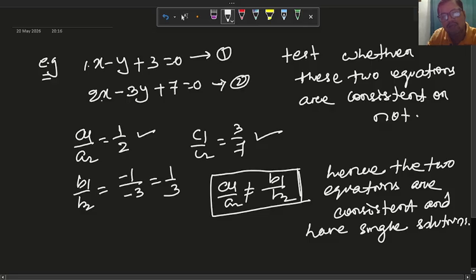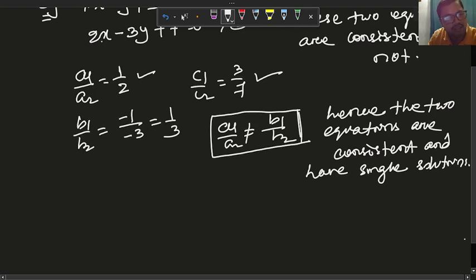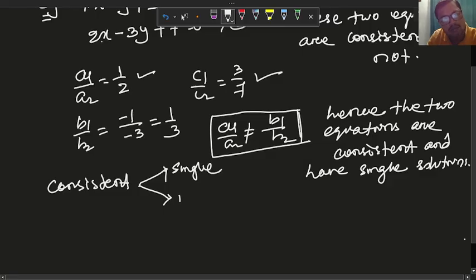Then what is the rule for inconsistent? So let us focus on that. If consistent, then there is either a single solution or many solutions.